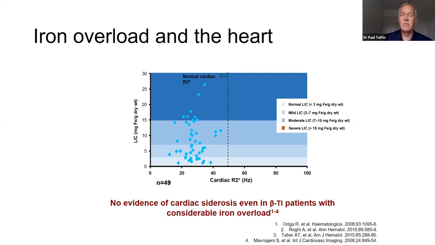But it may well occur in patients who do get intermittently transfused, and particularly those who are in the older age range, perhaps over the age of 50. So even though the risk of iron-induced cardiac damage seems to be less, you still have to bear it in mind, and at some stage these patients will require some assessment of myocardial iron loading. Next slide, please.